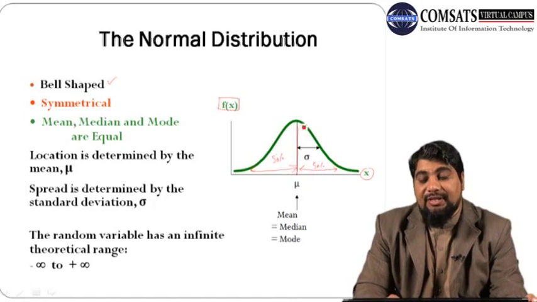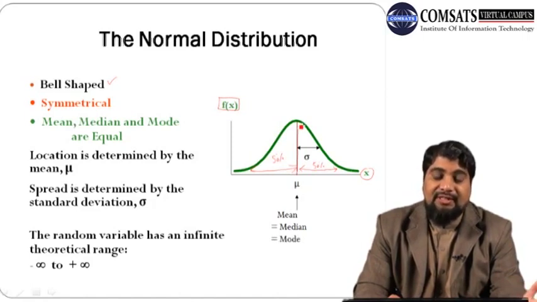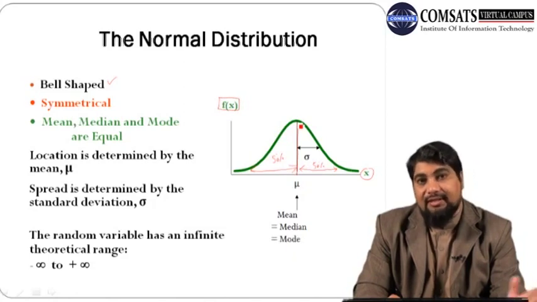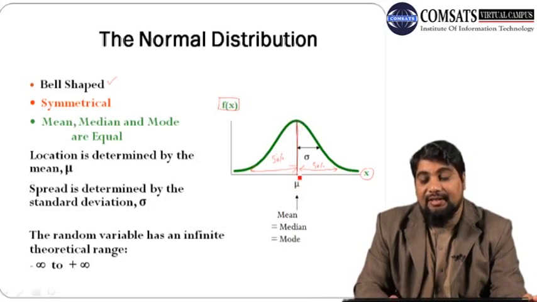So this middle line, which is also called the line of symmetry, divides the bell-shaped curve into two equal parts: 50% of the area on the left-hand side and 50% on the right-hand side. And remember that the middle line, where the peak of the normal distribution occurs, is always where x takes the value equal to its mean.